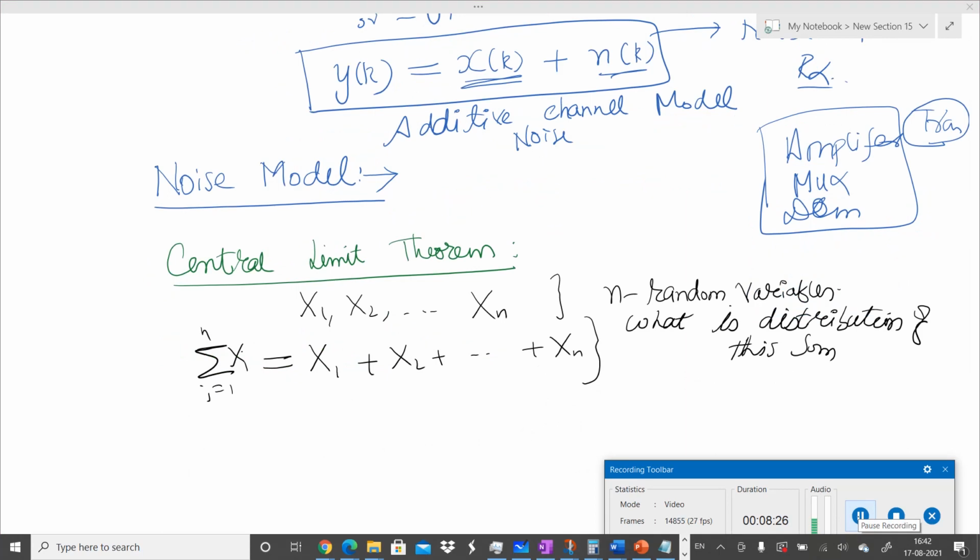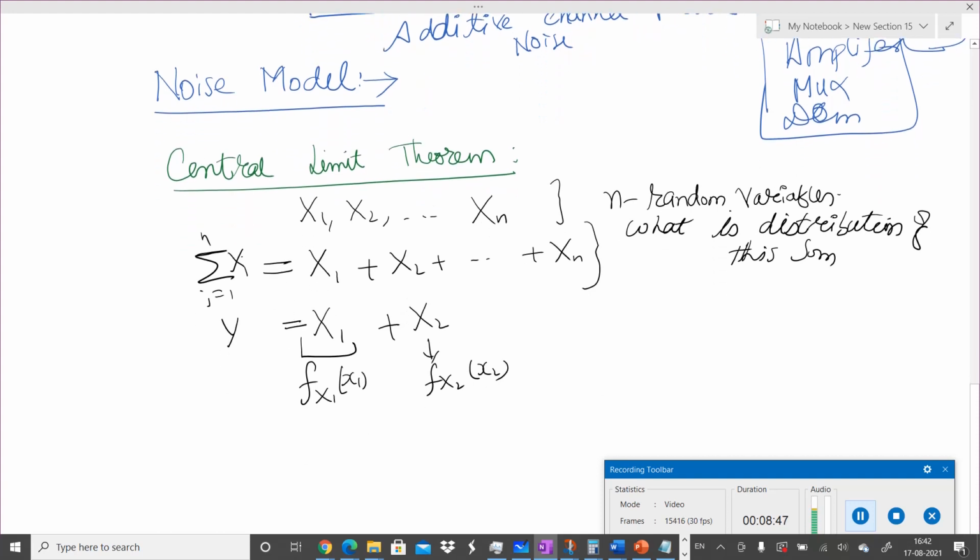Now for that we will first recall, if you have just two random variables, suppose x1 plus x2. Okay, suppose x1 has probability density function fx1 of x1, x2 has fx2 of x2. Then if you define y equal to x1 plus x2, what will be the PDF of y? So without proof, I will directly tell you, the PDF of the sum of two independent random variables is the convolution of f of x1 with f of x2.